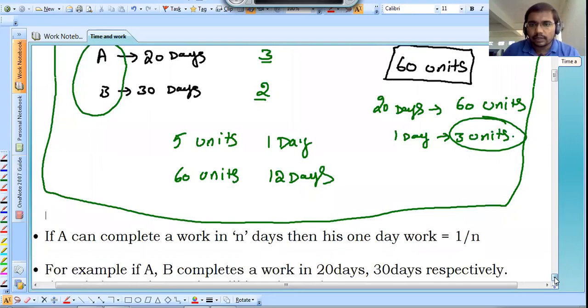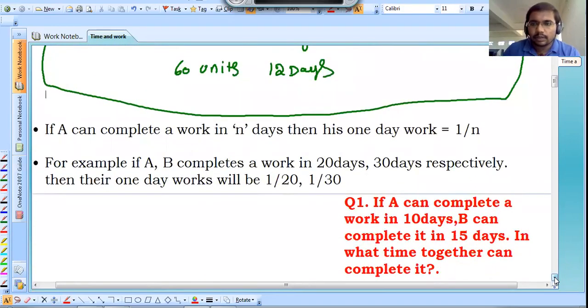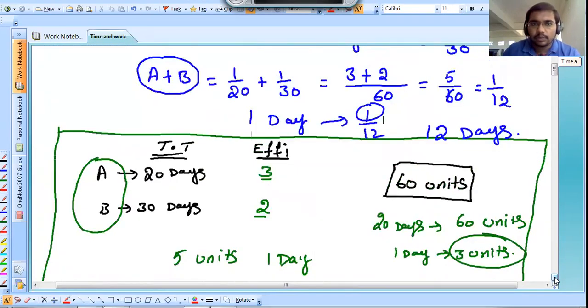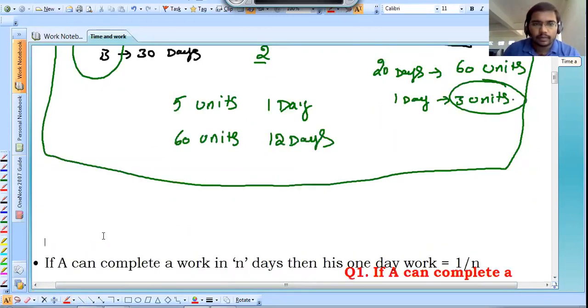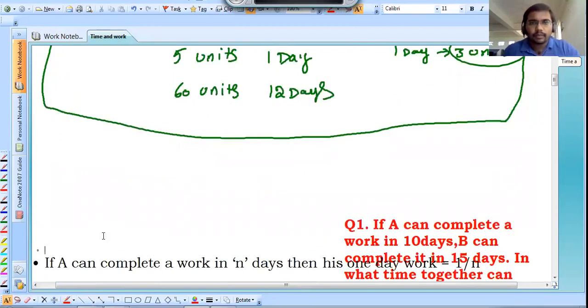So see here, what we will write in the question is A and B, 20 and 30.